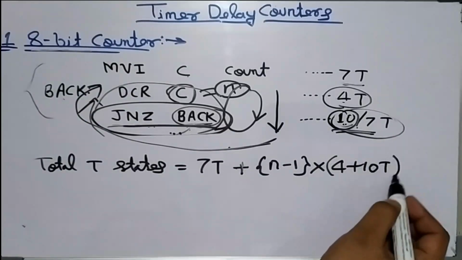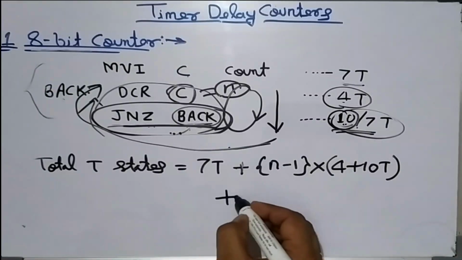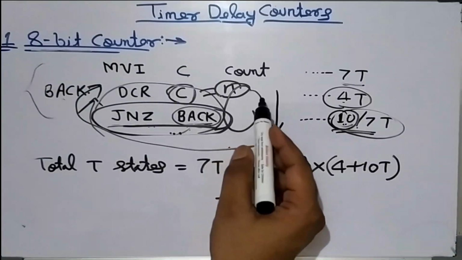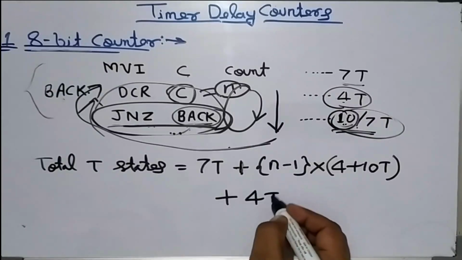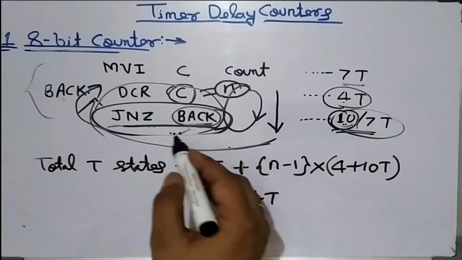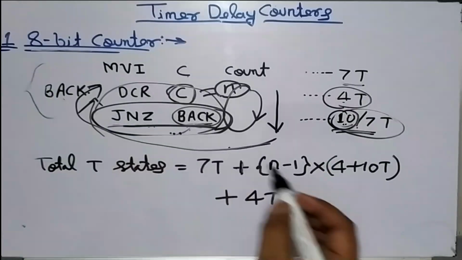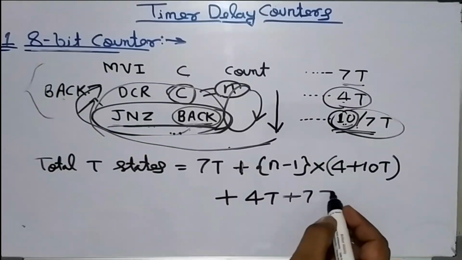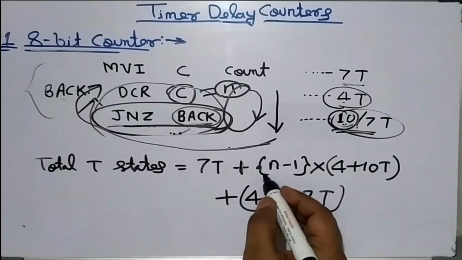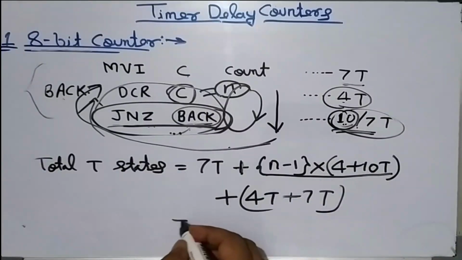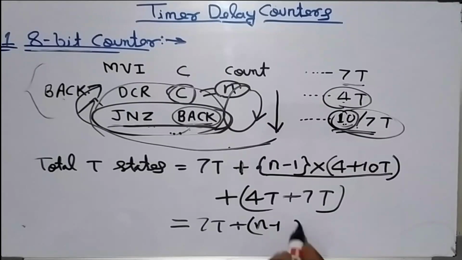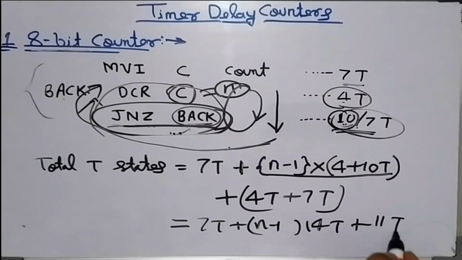Okay, and in the last loop there will be 4T for DCR C and 7T for JNZ back. This is the last loop and this is the n minus 1 loops. What will be the value? 7T plus (n minus 1) into 14T, plus 11T. This is the total consumption.